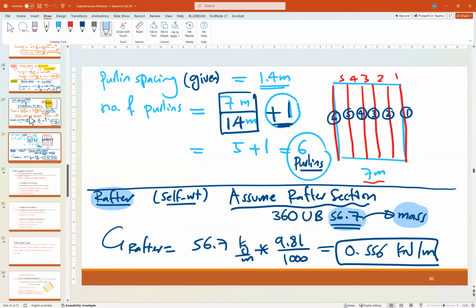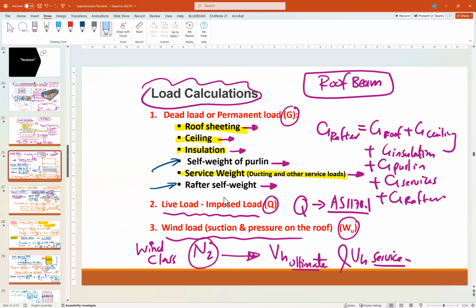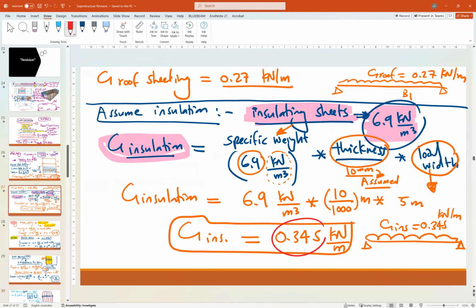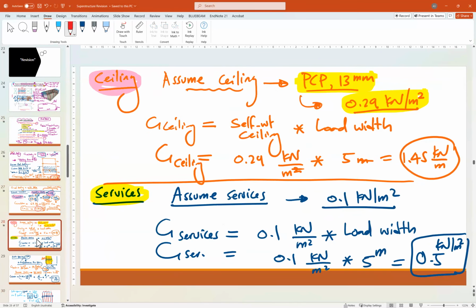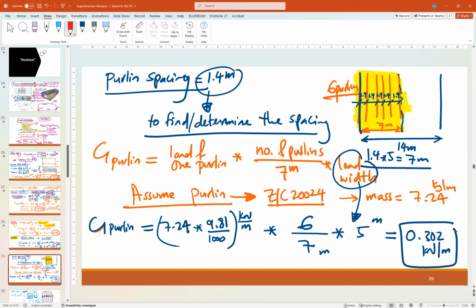So now if we go back to our load calculation, we have the roof sheeting load, number one, with the value 0.27. For insulation, the value is 0.345. For ceiling, 1.45. For surfaces, 0.5. For purlin, 0.302.